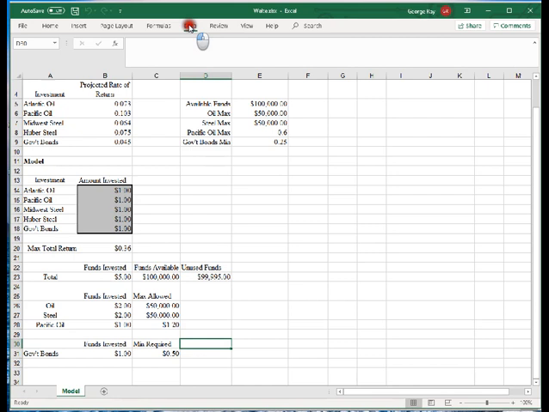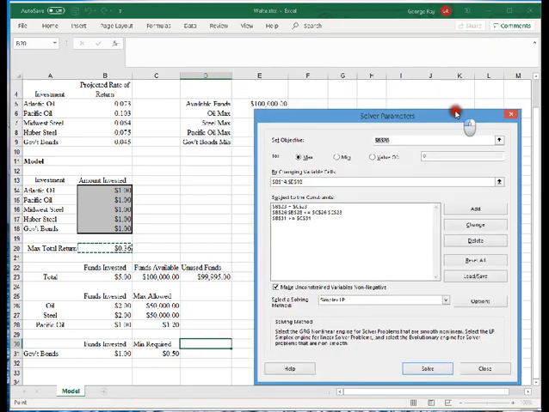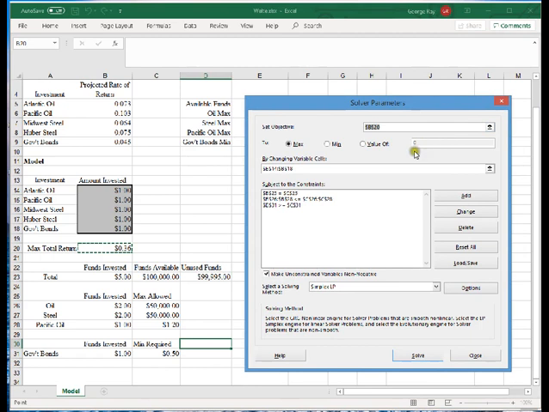So let's go up to Data and Solver. And we put in our objective function, which is B20, the total return. We want to maximize that. We're going to change the decision variables, B14 to B18, the dollars we invest in each one of the 5 investments, subject to our constraints.